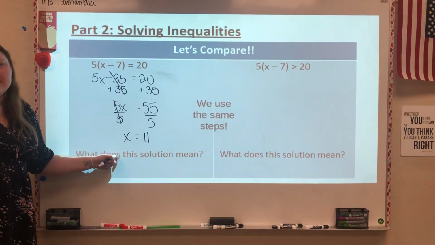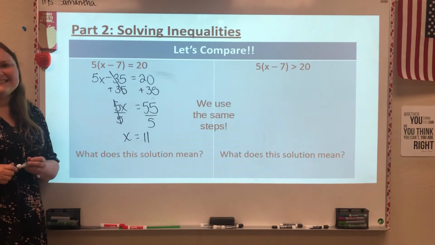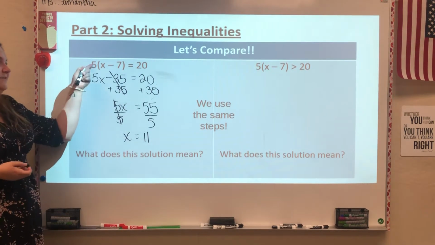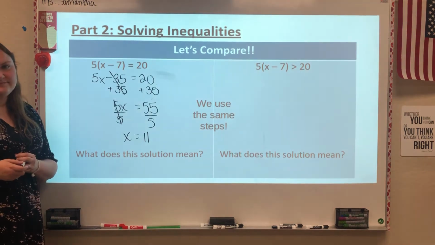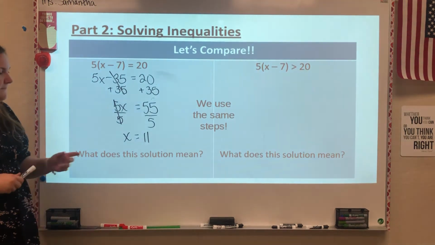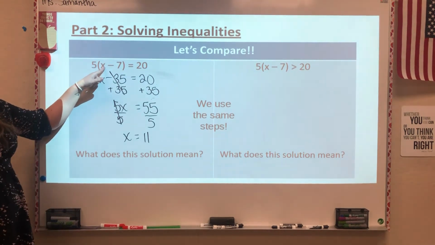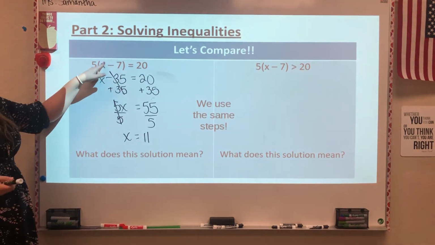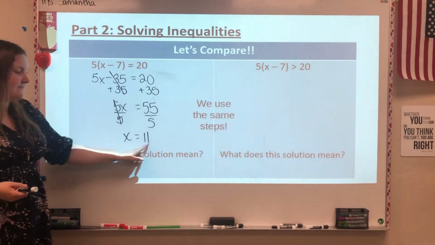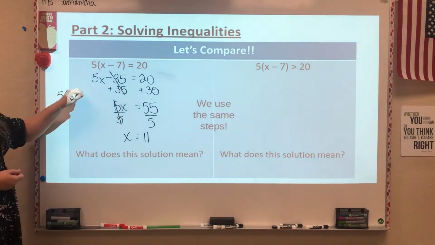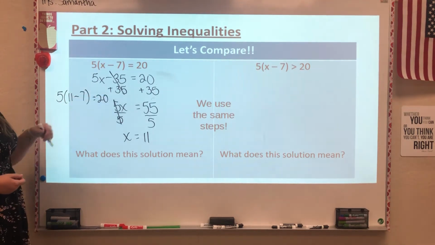We had mentioned this in a previous video, but when we say x equals 11, what does that mean? What does this solution mean for this equation? Well, it means if you were to replace x with 11 in this equation, you'd get something that's true. The only number I could put here for x is the number 11. If you do that, 5 times 11 minus 7 equals 20.